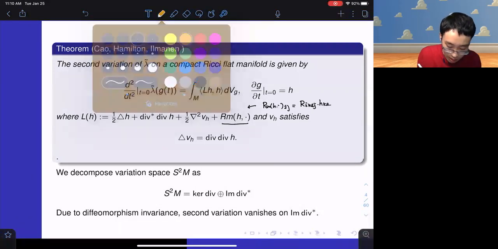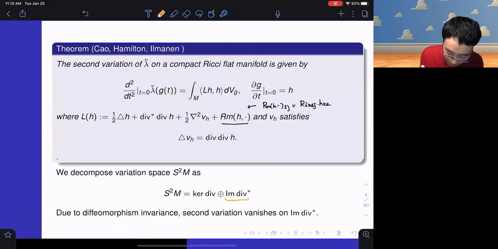For the image of divergence star part, we can deduce that it actually comes from some Lie derivative. Therefore, if you consider the variation in this space, it is deduced that your g_t is the pullback of some diffeomorphism, f_t is some diffeomorphism.